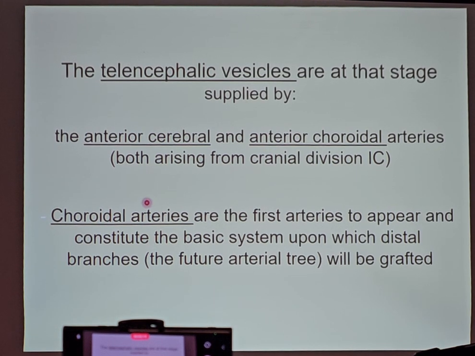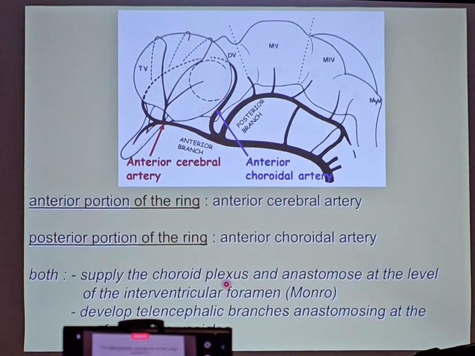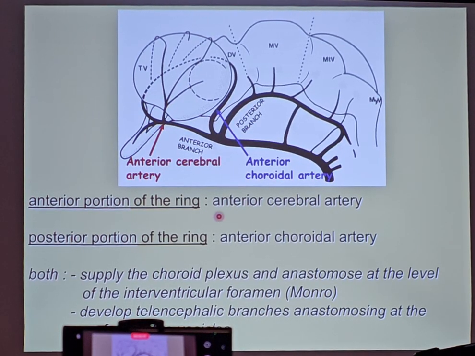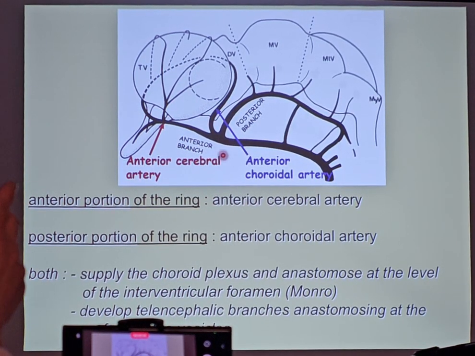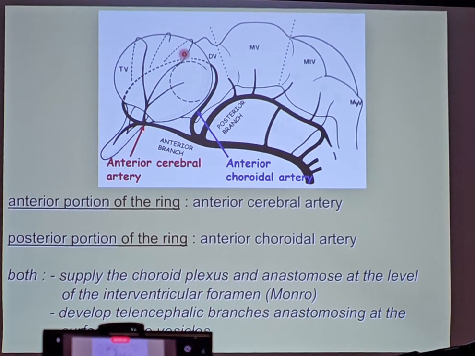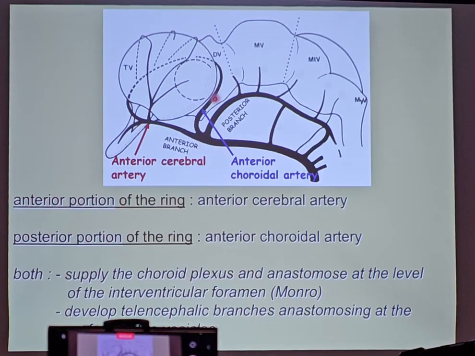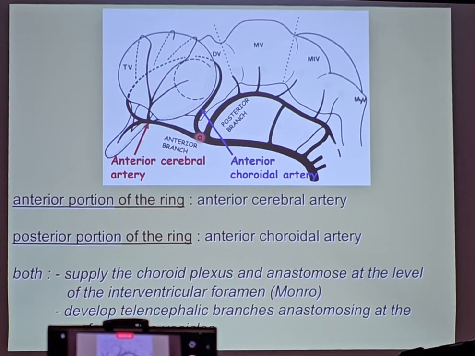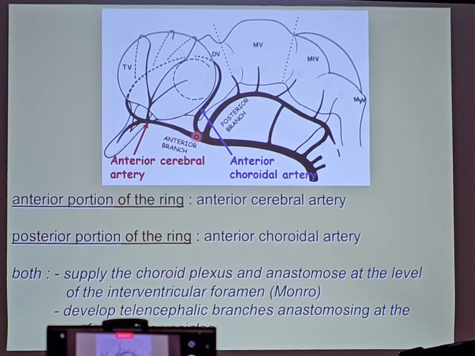Remember, the choroidal arteries are the first arteries to appear and constitute the basic system upon which the distal branches, the future arterial tree towards the brain, will be grafted. So the anterior portion of the ring, as I mentioned, is from the anterior cerebral artery. Remember, the anterior cerebral artery at that point in time goes around the telencephalic vesicle and hooks up at the lower level with the anterior choroidal artery.